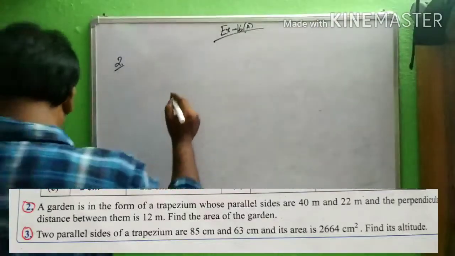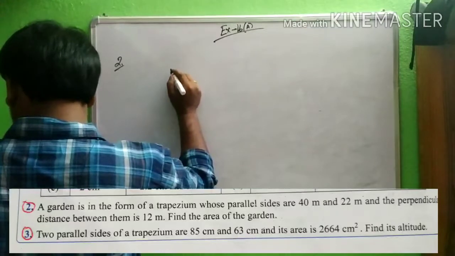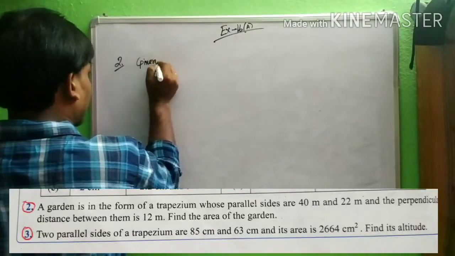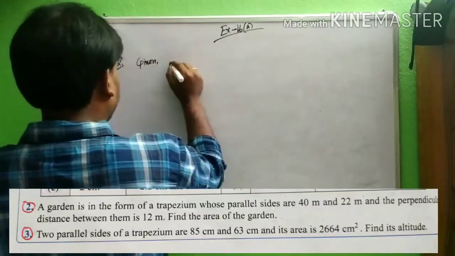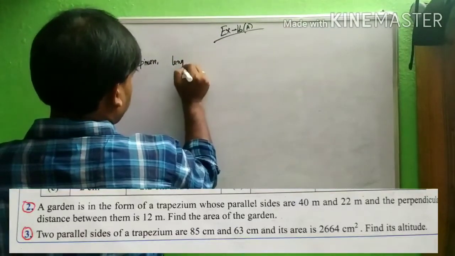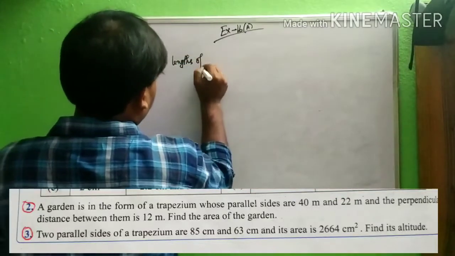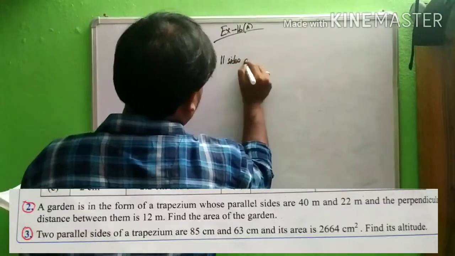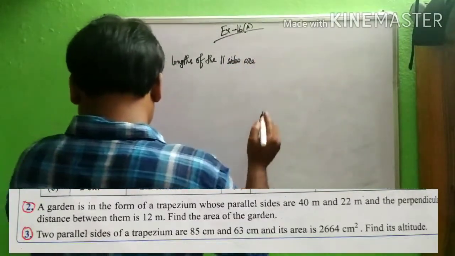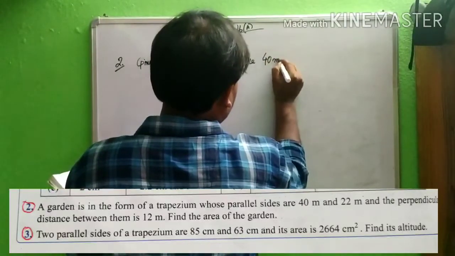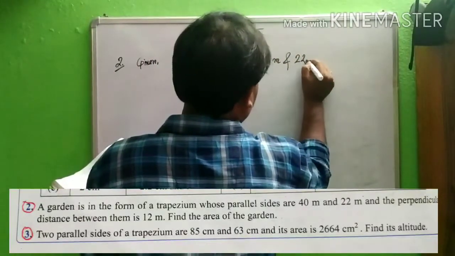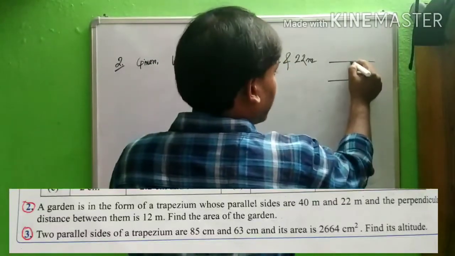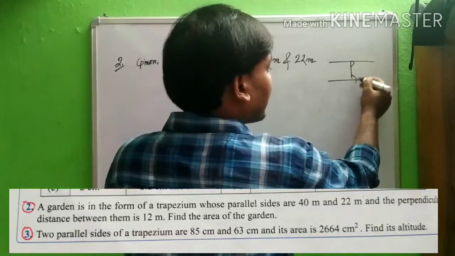So given, the length of the parallel sides are 40 meter and 22 meter, and perpendicular distance, that means height.